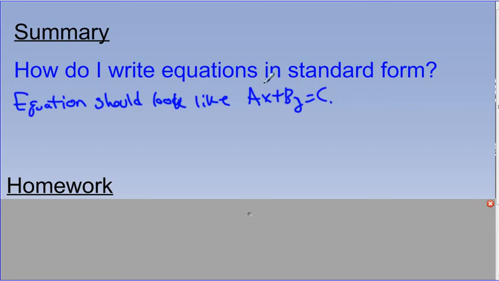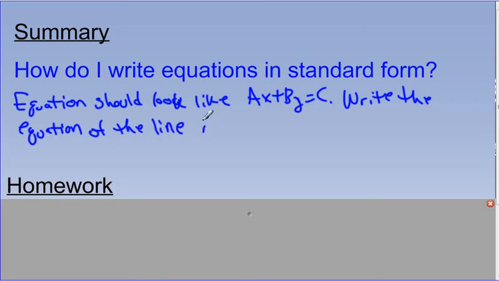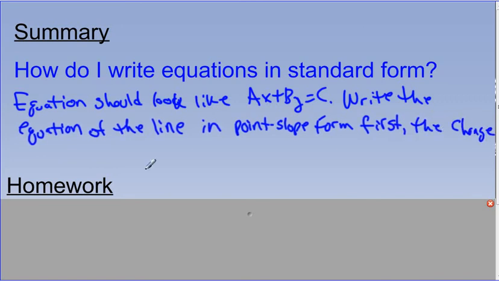So we can write that: how do I write the equation of the line in point slope form first, then change it to standard form.